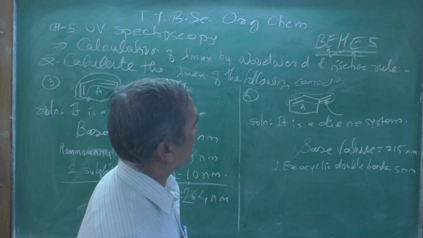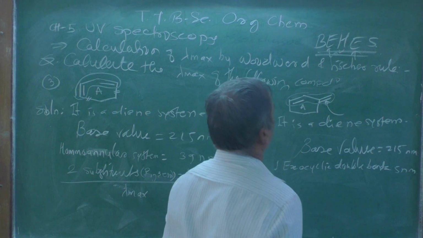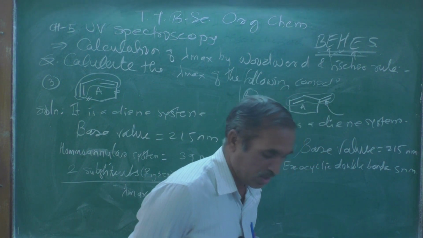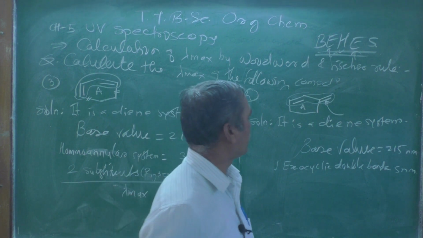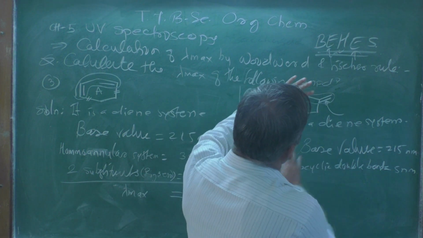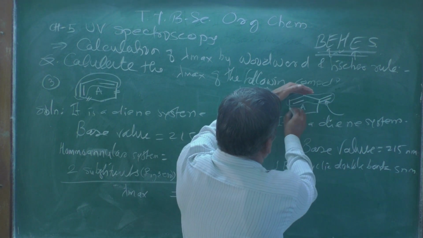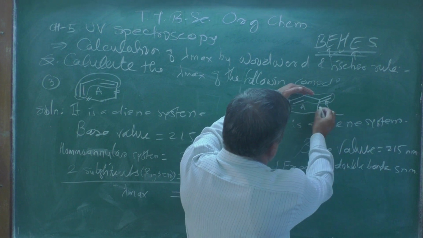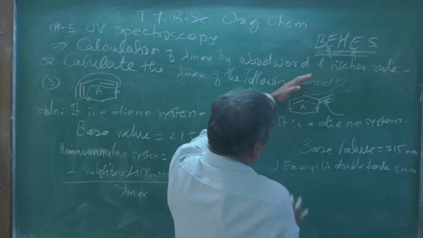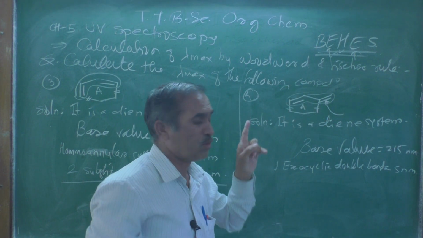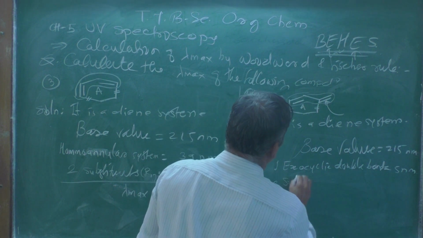Now the third thing, what is that? The last one is the substituent. And how to count substituents, that also we know. We already marked the diene system, and if you see here there is one ring residue. Here second, on this there is no bond, here also no, therefore there are only two substituents, so you can write 2 substituents.